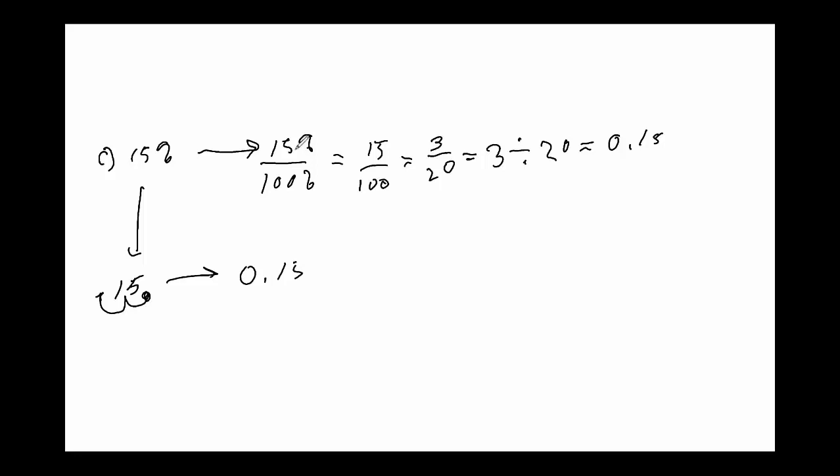Or you can just divide 15 over 100, and again, that will also give you 0.15. So however way you like to do it, that's fine. There's more than one way to convert a percent into a decimal.